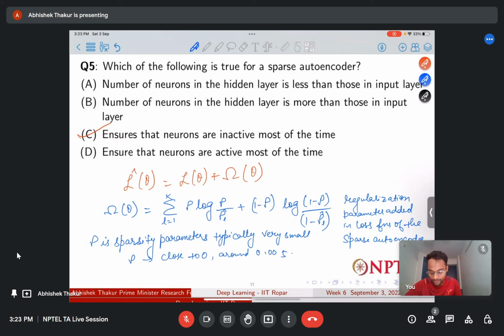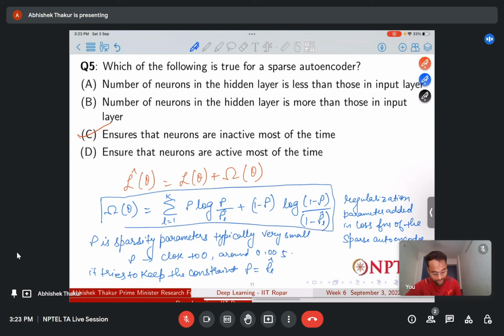And it also tries to enforce the constraint rho is equal to rho l hat. So this loss function will be minimum when we minimize this regularization parameter also.